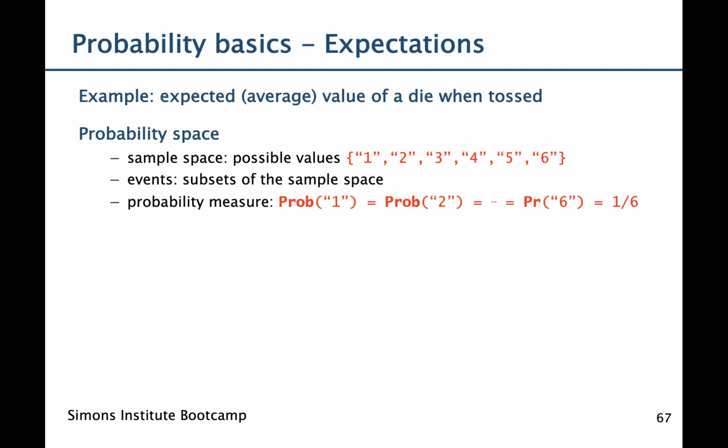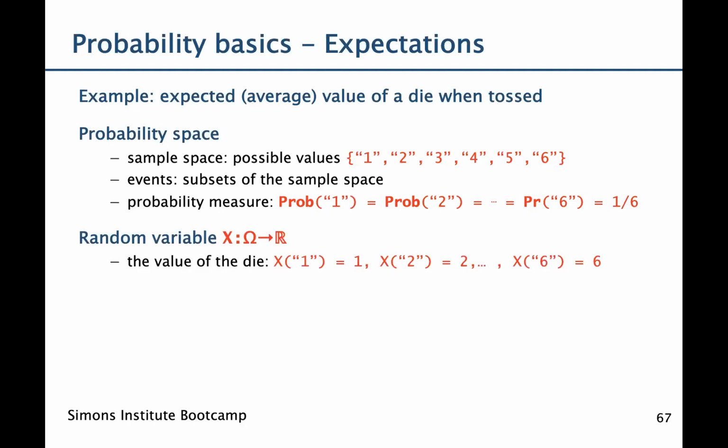And we know that throwing a 1, 2, 3, 4, 5, or 6 each has equal probability of 1/6. So the random variable here will, if we throw a 1, what's its value? Well, that's obviously 1, and then so on for 2, 3, up to 6.